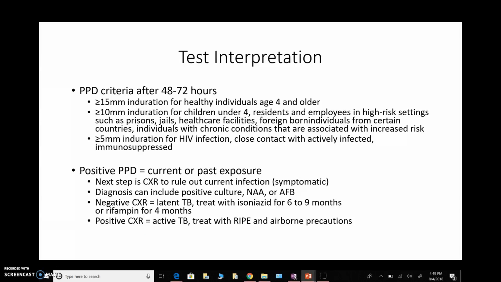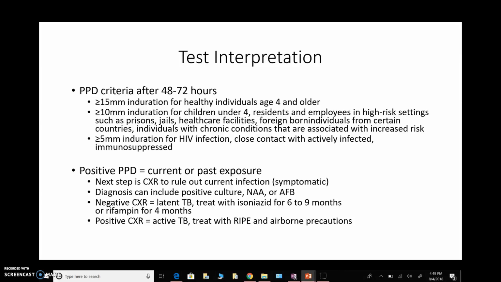PPD is something that you're probably familiar with, and most likely you've had one of these before. You want to know your PPD criteria. Remember, that's going to be after 48 to 72 hours. And it's important to remember that it's the induration, not just redness. So how large that induration is.